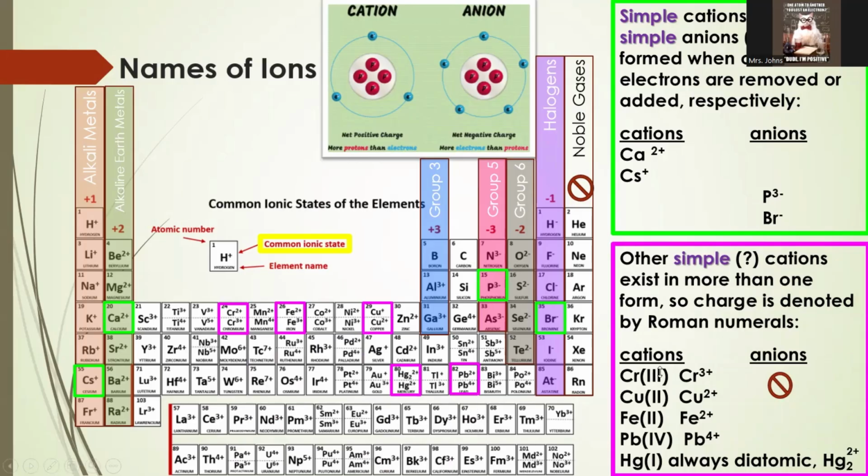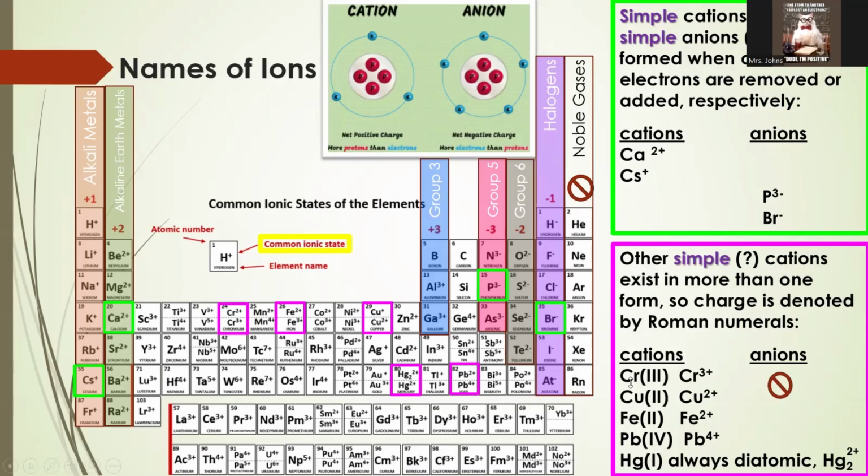There's a newer system called the Stock system, where it tells you which one they're talking about by using Roman numerals. So here we've got chromium. If we look at chromium right here, we see it can make a 2+ ion or it can make a 3+ ion. So unless it says, it's kind of hard to tell.